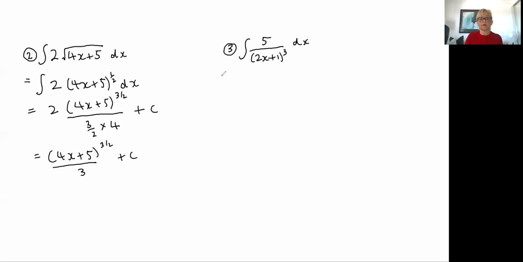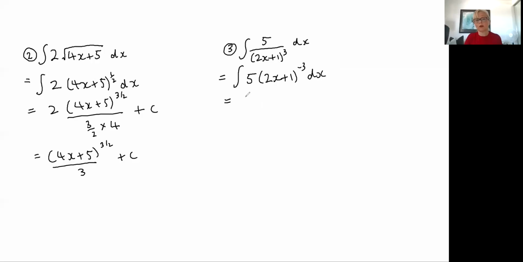All right, last one for this video. Again, keep the integration sign at this stage because we're going to change this to index notation. If you have 2x plus 1 cubed in the denominator, that's the same as (2x plus 1) to the negative 3. So that's our first step before we even try to do any integration.